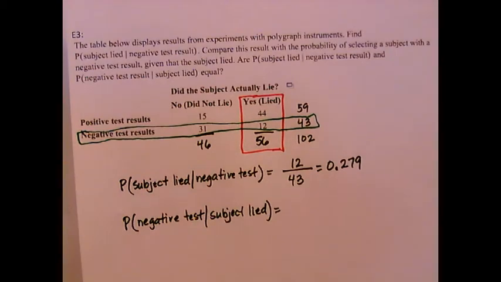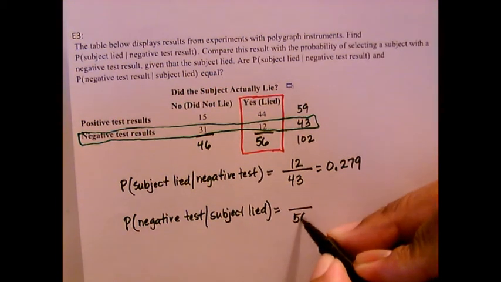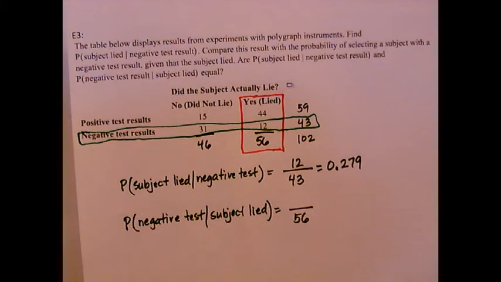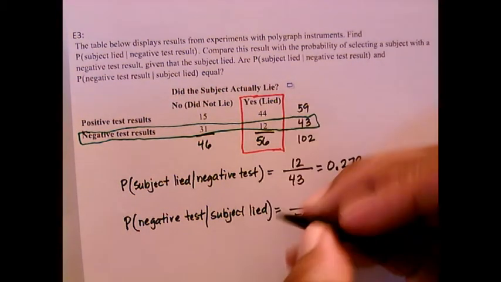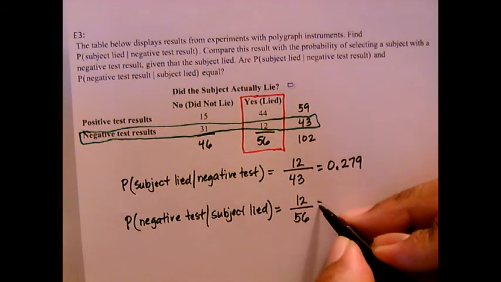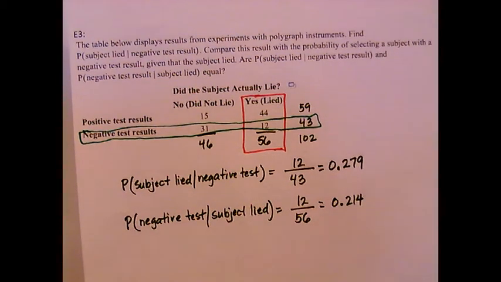The total number of subjects that lied was 56. So here the 56 will be in the denominator. And out of the 56, how many negative test results were there? There were 12. So it'll be 12 over 56. And if you convert that to a decimal, that'll be 0.214.